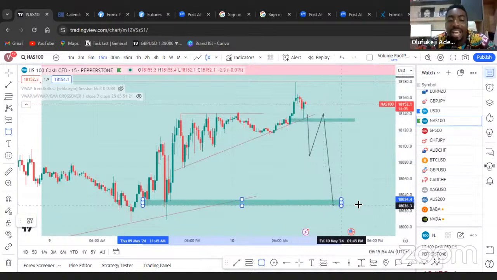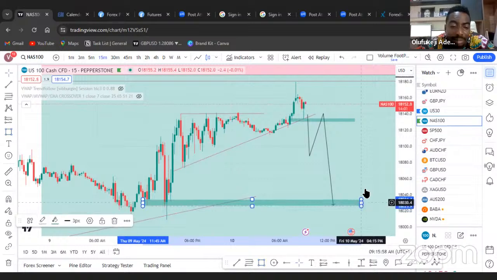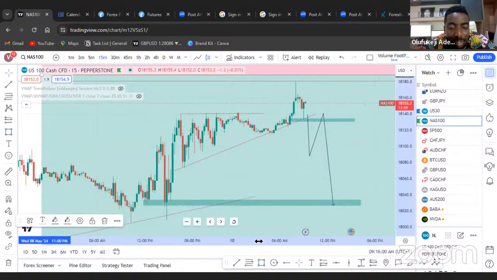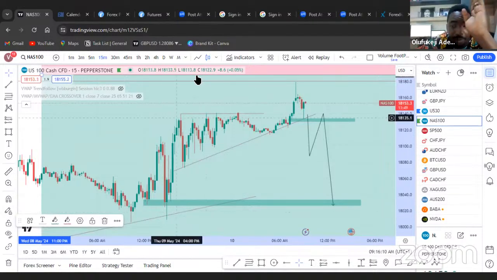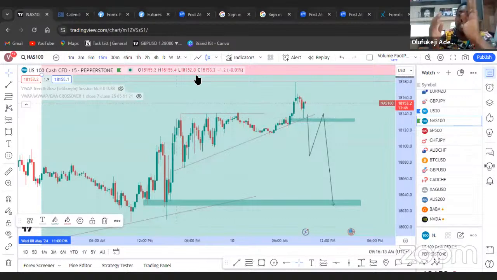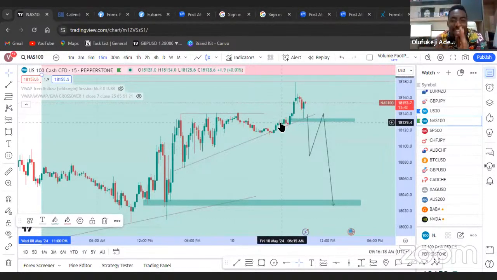IOFED, institutional order. I don't know what it means, but what it means is fair value. You have two fair value gaps, opposite fair value gaps, side by side. So if you have a strong move upward that forms a green fair value gap, then you have a sweep, then a strong move downwards that forms a red fair value gap.